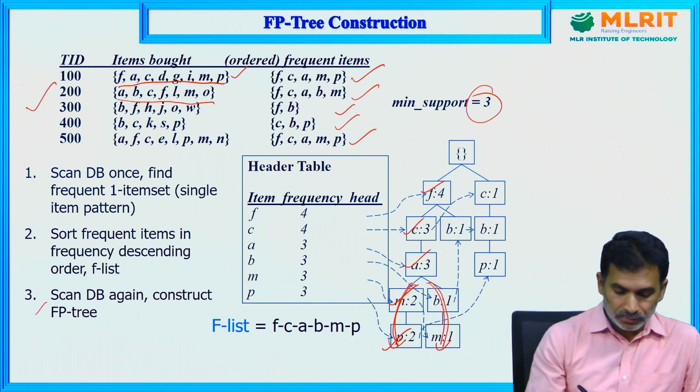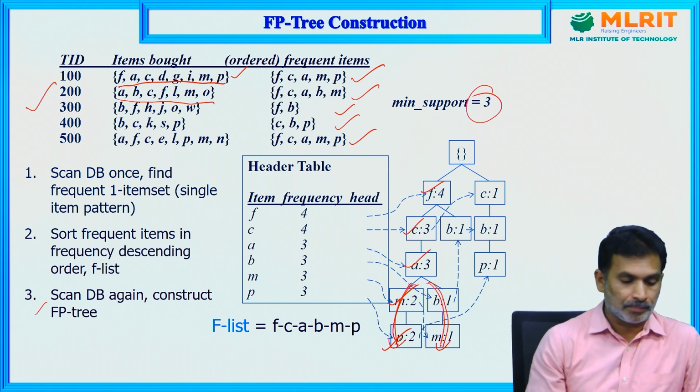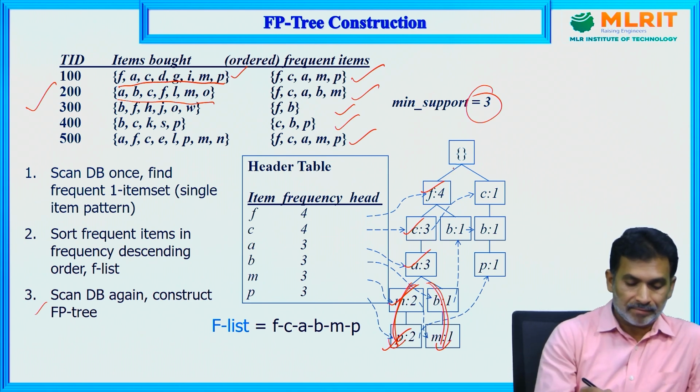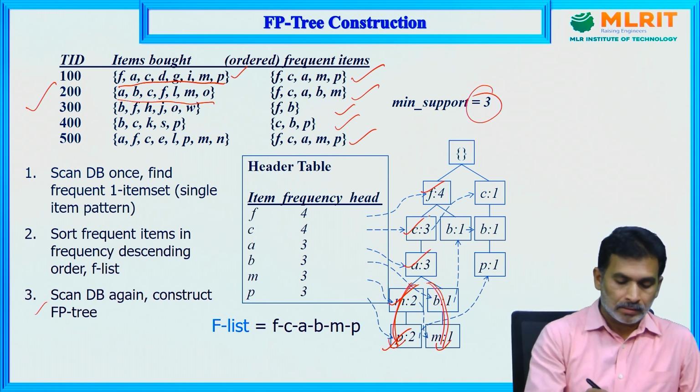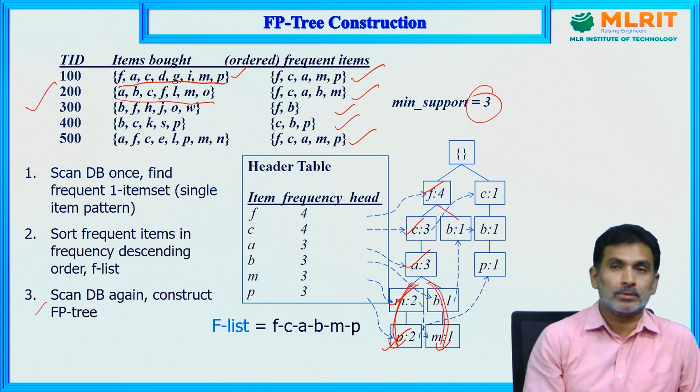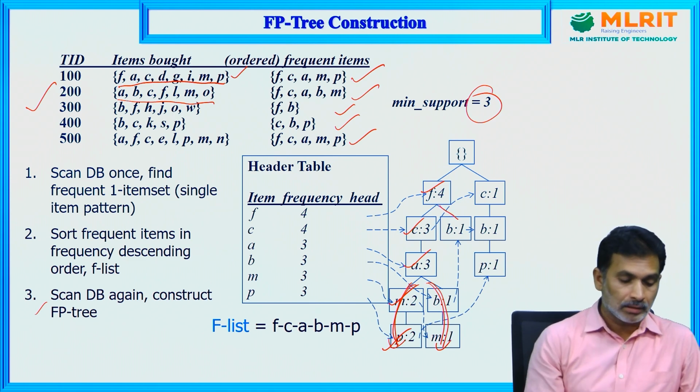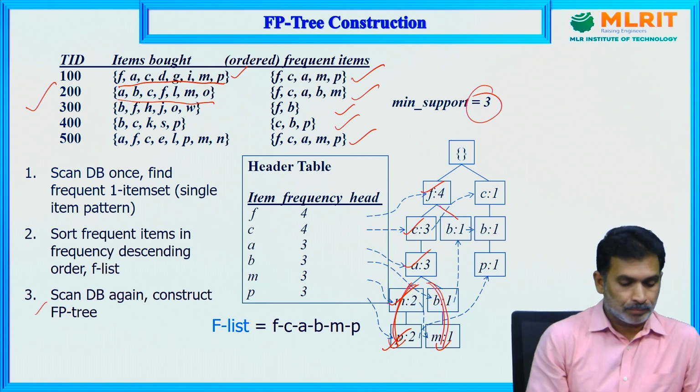That's why we have to construct a separate path from this point. Next, F, B: up to F, the frequency of F will be incremented by 1. Then there is no path, so we have to construct a separate node for B and give the support count as 1.